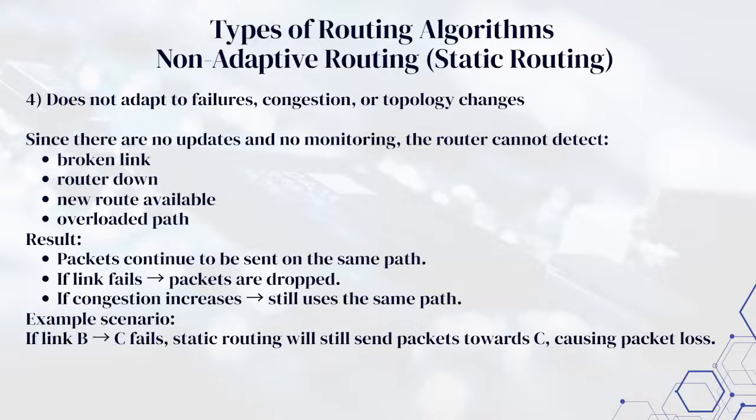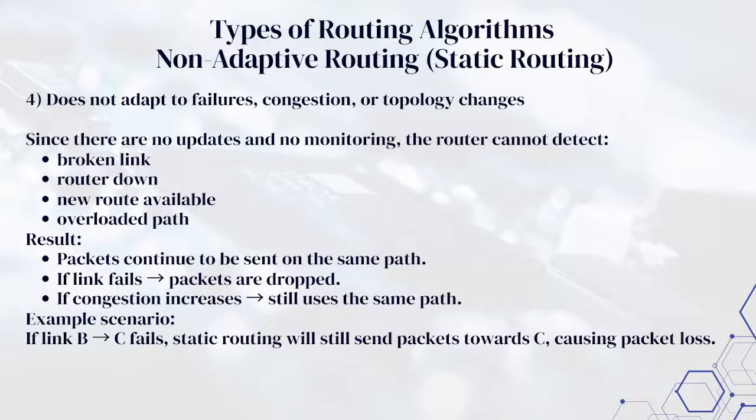So since there is no update or monitoring, the router cannot detect broken links, router down, new routes available and overloaded paths. So what happens is the packets continue to be sent on the same path.